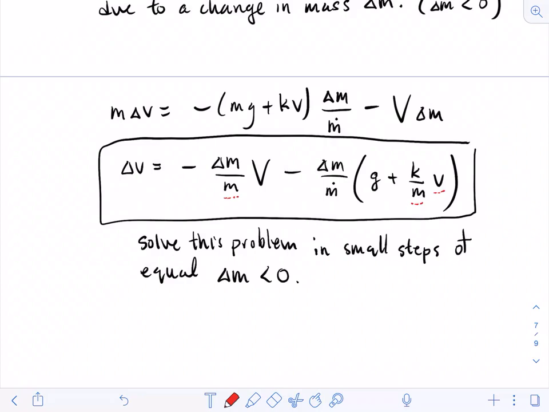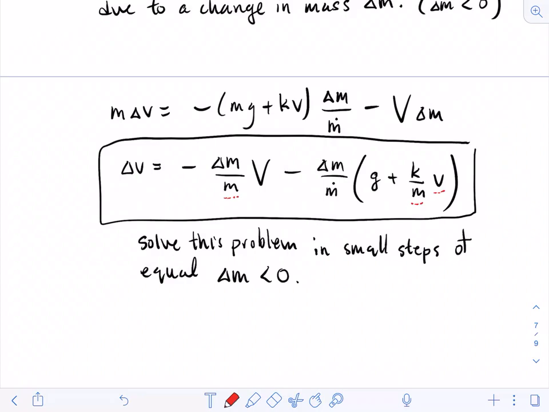So let's say our rocket weighs something like 10,000 kilograms, and then we're going to burn 1 kilogram of fuel, and we want to know what's the change in the velocity.